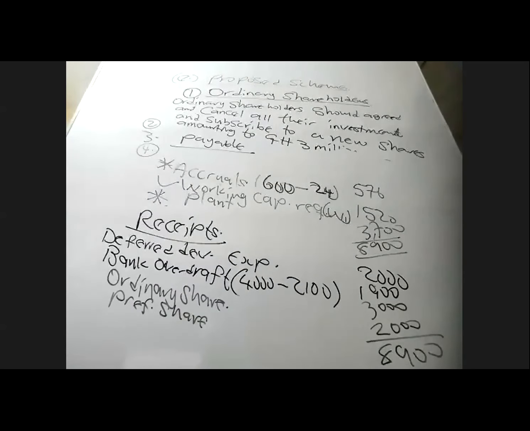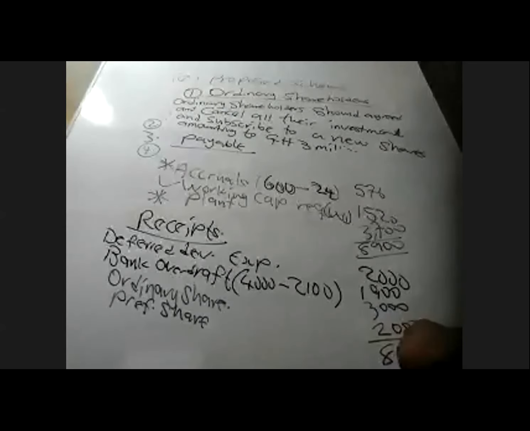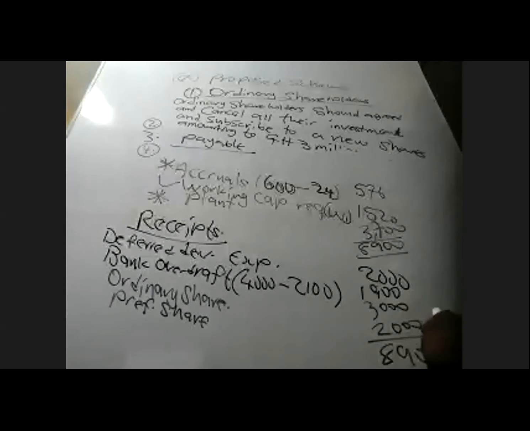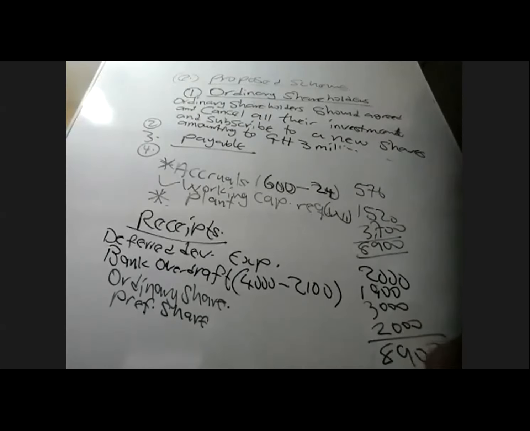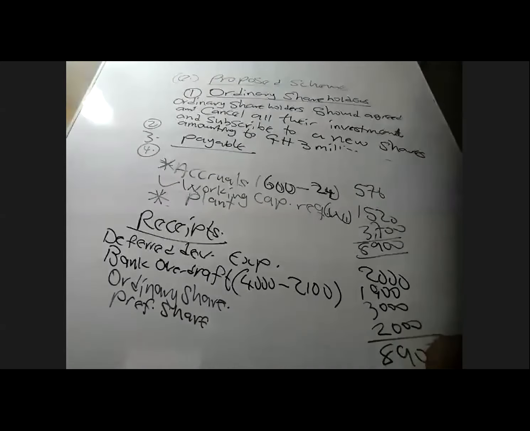So 24,000 of the accrued expenses or the accruals must be waived off, with the remaining balance being paid what? Immediately. With the remaining balance being paid now. We are done with the accruals.